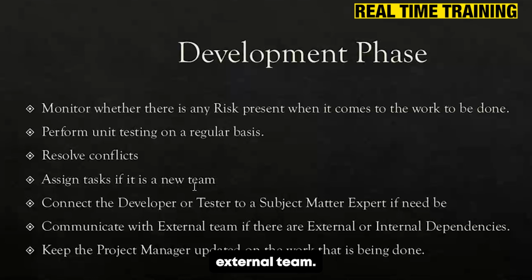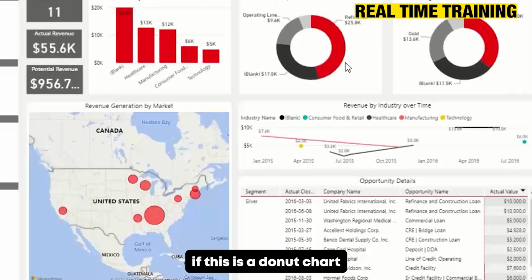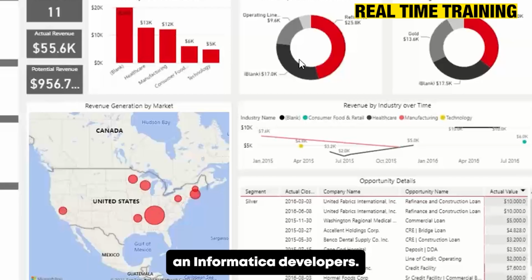Communicate with external team if there are external or internal dependencies. So if there are some dependencies present, say for example, this is a donut chart and we need to do some data migration, but for some reason we don't have any Informatica developers.